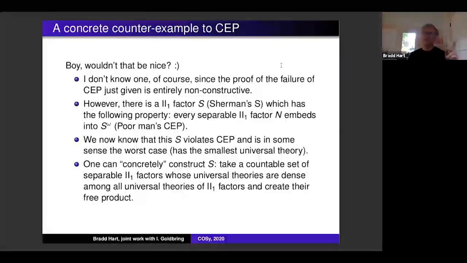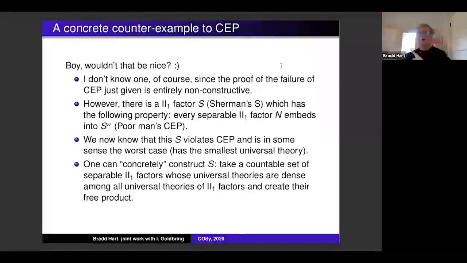Isaac and I proved in this earlier paper, but we actually proved that CEP was equivalent to all universal theories of 2-1 factors being decidable. Of course, we were trying to prove that CEP was equivalent to the universal theory of R being decidable, but we couldn't prove it.